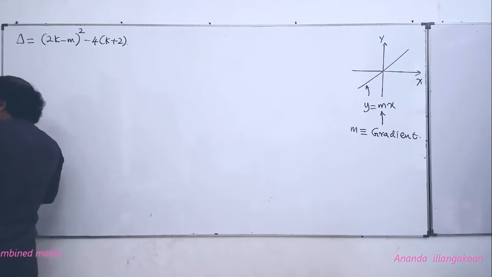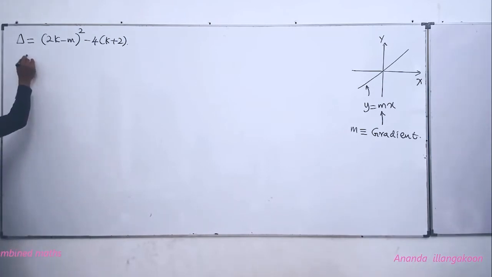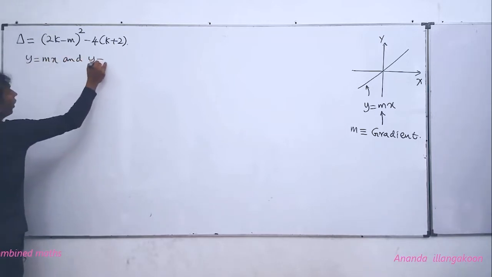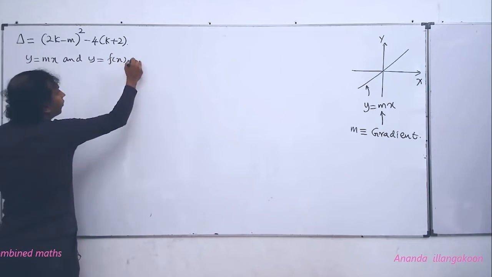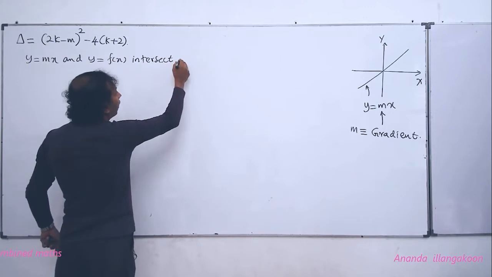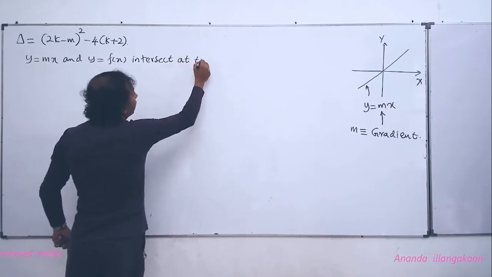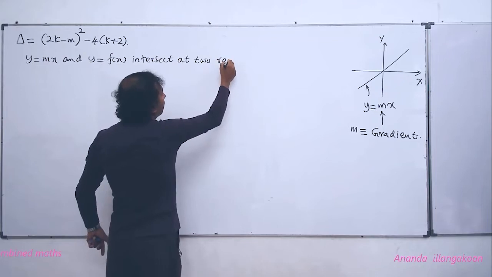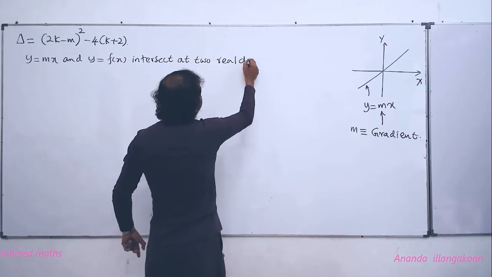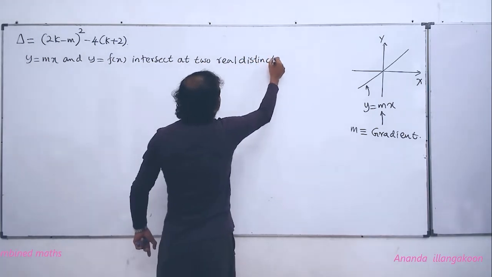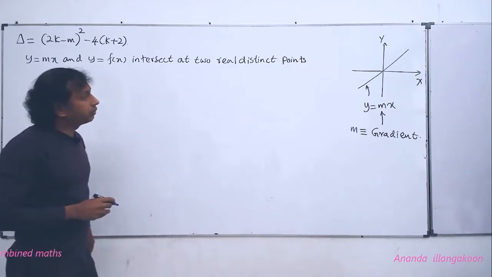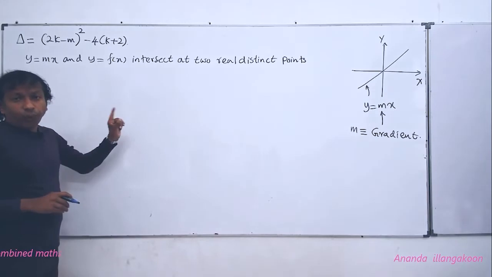We write: y equals mx and y equals f(x) intersect at two real distinct points for all real values of m.